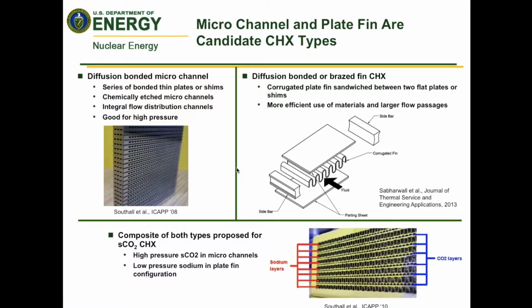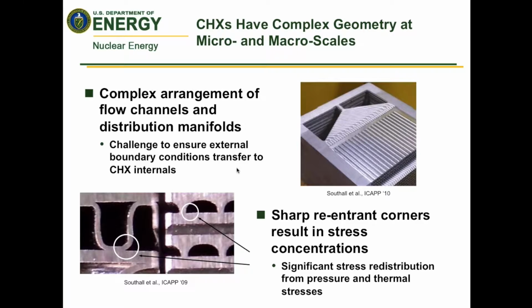And it's possible even to combine these like you see in the picture at the bottom, where you get the best of both worlds. If you're looking for something where you need to contain a high pressure fluid, such as the sCO2, and a low pressure fluid, such as the sodium, you might be able to arrange them in the type of configuration that's shown. However, it doesn't really matter what types of these things you've got.